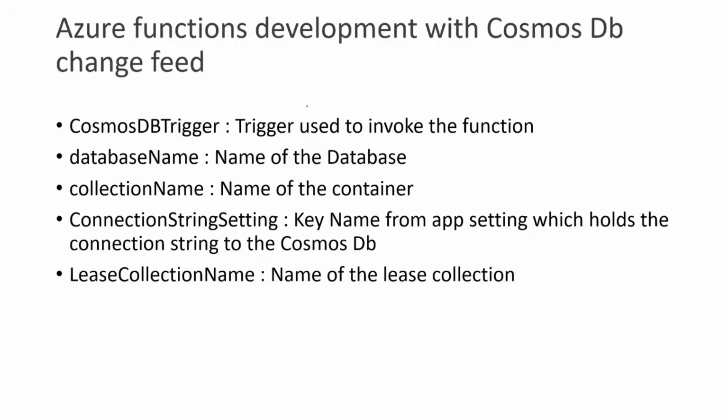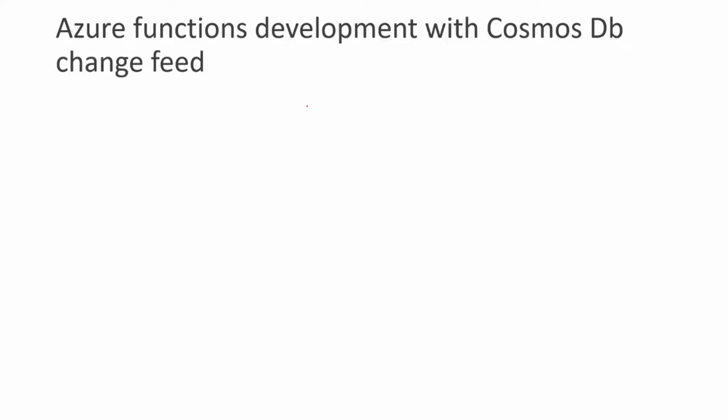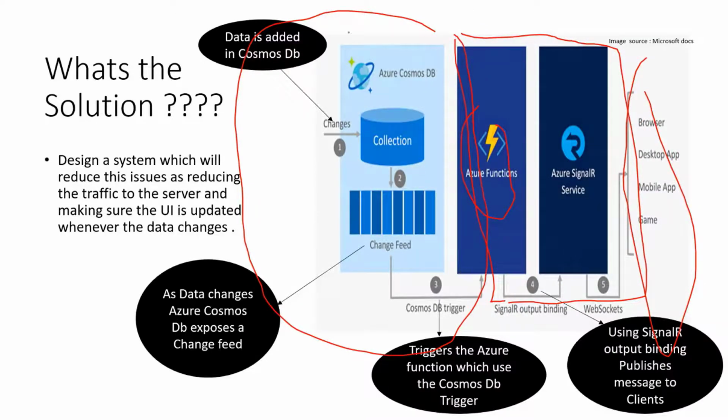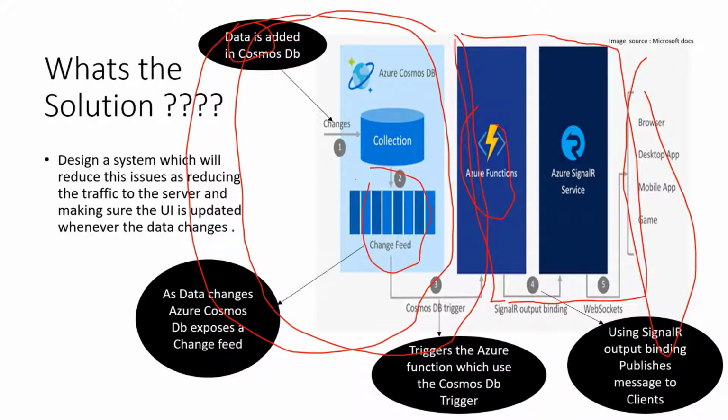That is the main purpose of the lease collection name. This is the first part of our demo that we have done: data is added into Cosmos DB, it propagates the change feed, and we capture that change feed and trigger the Azure function.